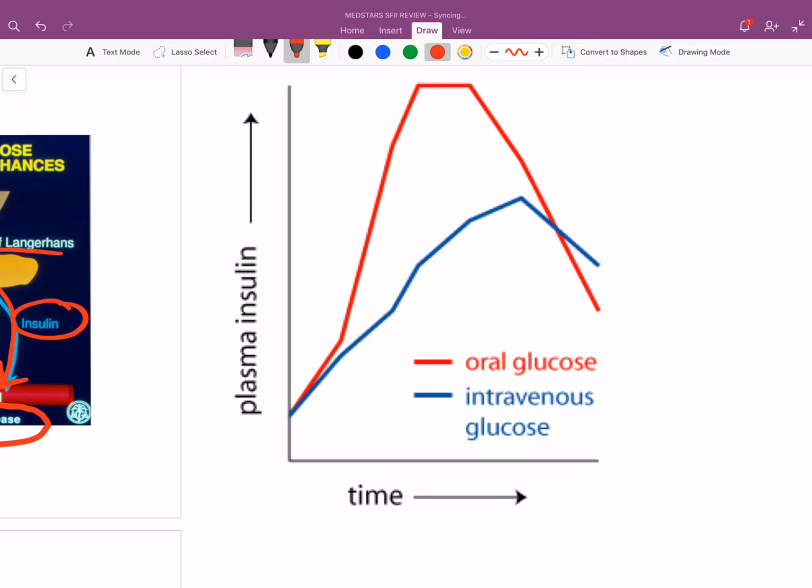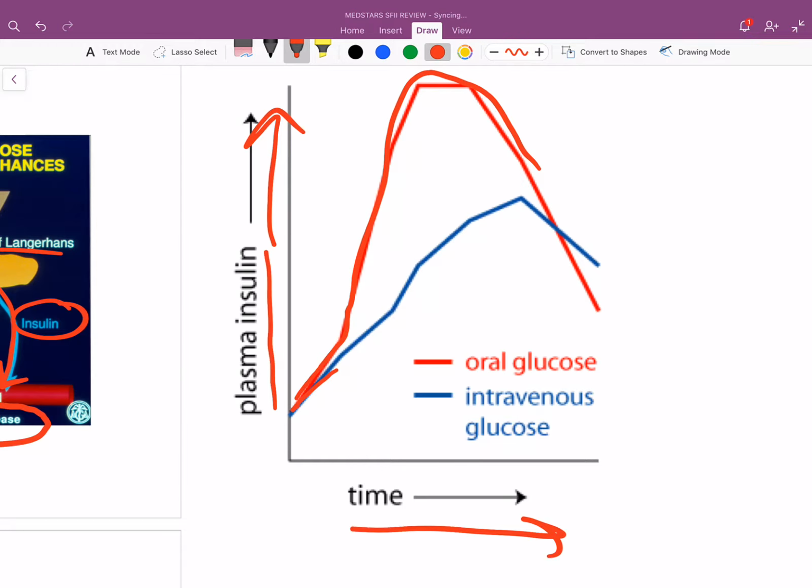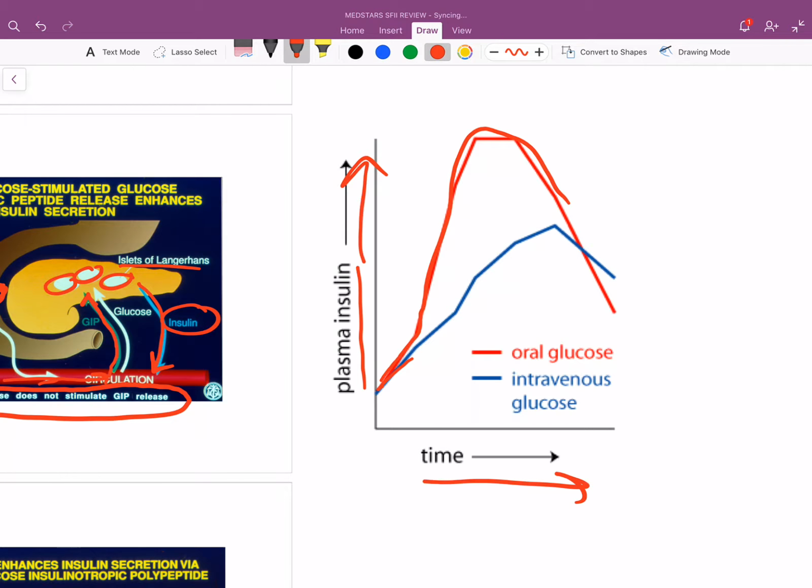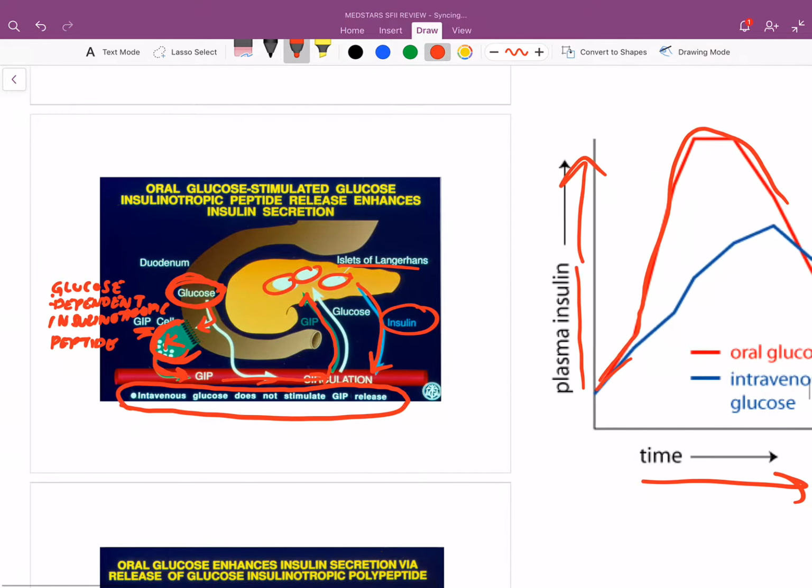You see that the plasma insulin concentration is increasing here over time, and you give one patient IV glucose and you give one patient oral glucose, and they kind of start the same, for the most part, but then obviously the oral glucose has a lot more insulin than the IV glucose, right? I've seen this tested before on many of your old practice exams, so just make sure you understand this concept.